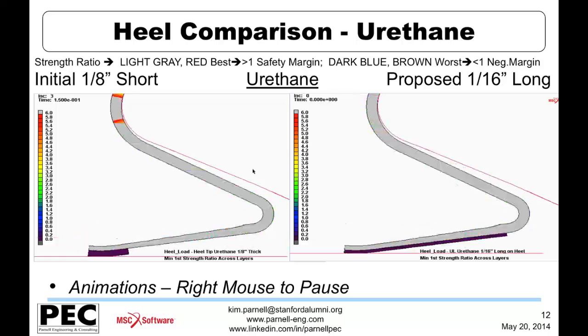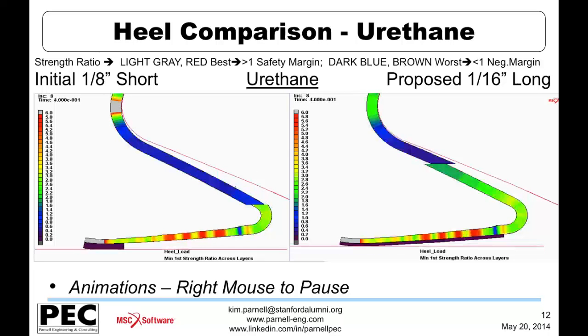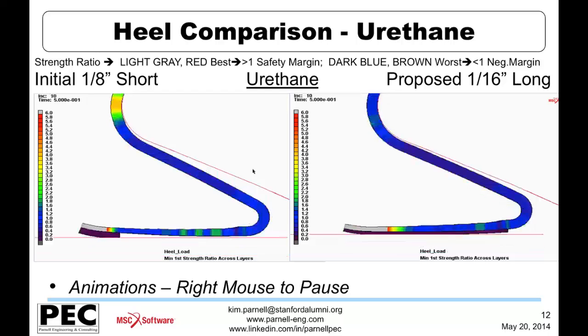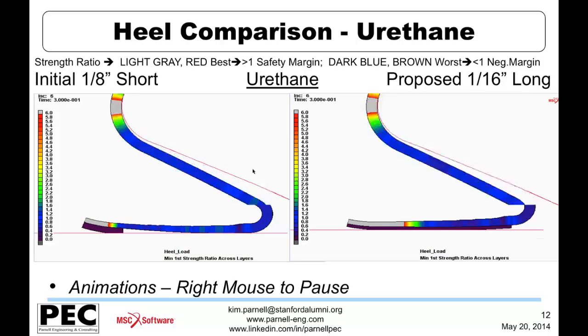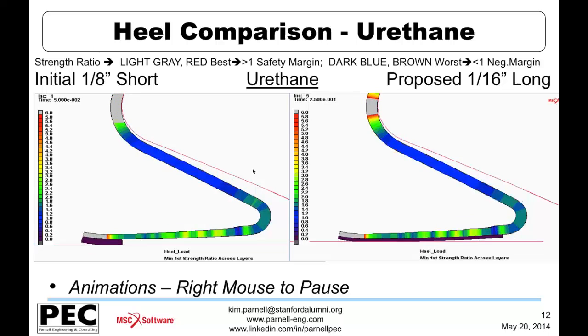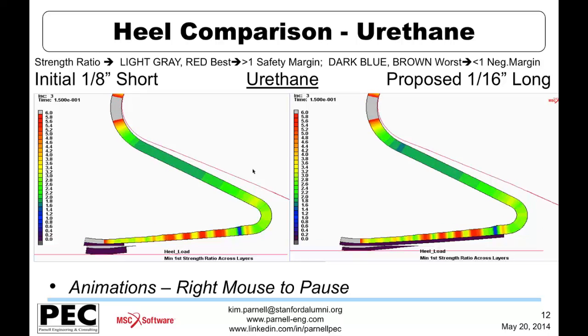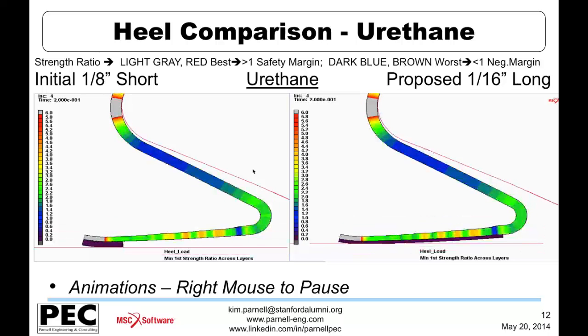So a strength ratio of 1 would mean you're just meeting that specified strength for your failure criteria. A strength ratio of 3 would mean that you have a factor of safety of 3 relative to those strengths.